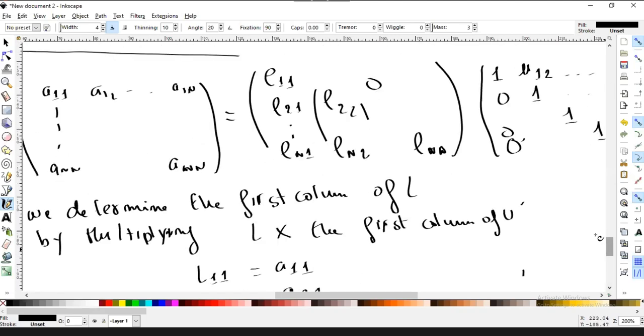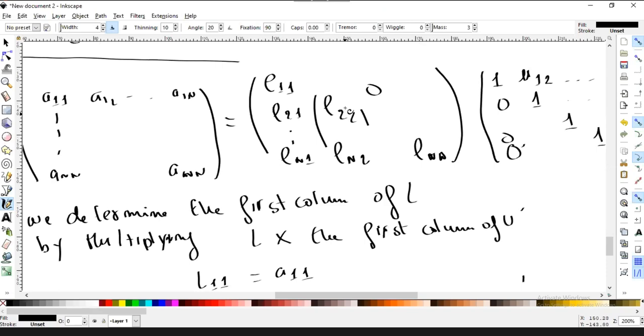Now I will determine this column and this line, right?